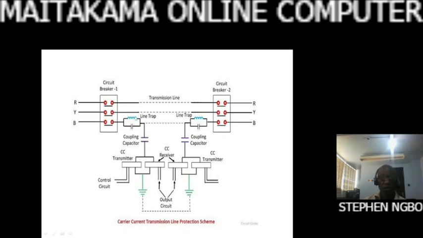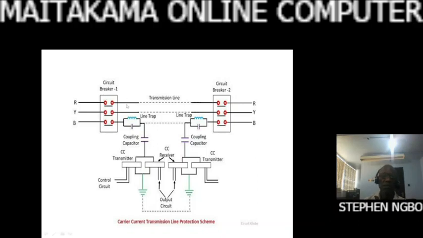Now, this scheme also is used for distant communication, distant telephoning. It helps in the communication between station to station through this carrier scheme. At the same time, it can be used for telemetering. That is station 2, which is far away from station 1.